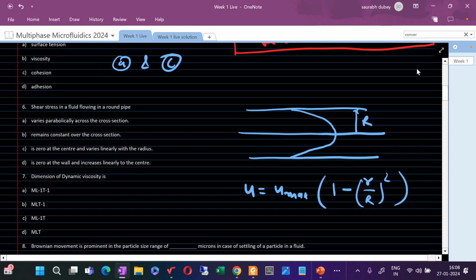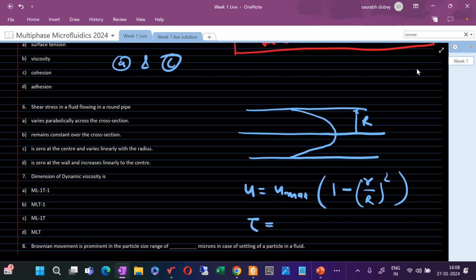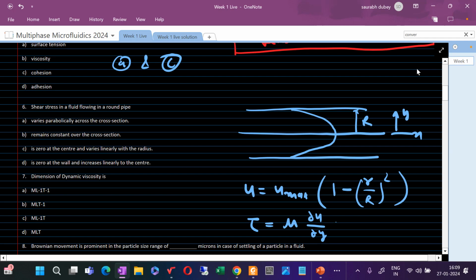If you are talking about shear stress, then tau is equal to mu del u by del y, if it is the y direction and x direction. This is the r direction, so this should be r.